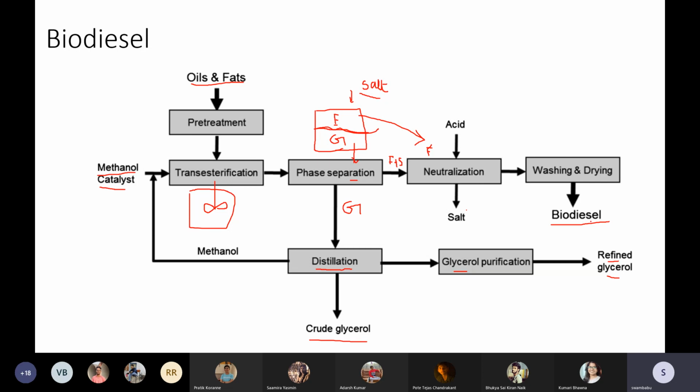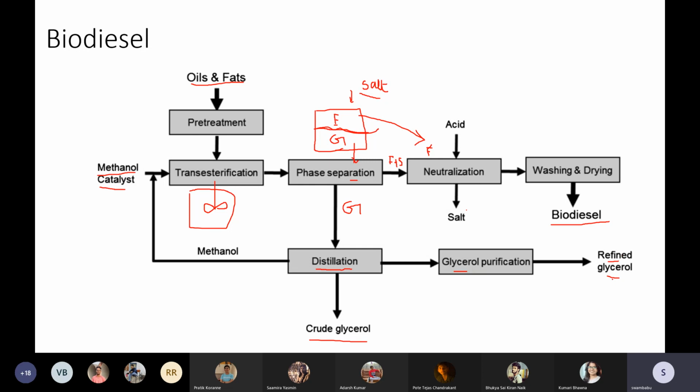Then you will get biodiesel. And this is a simple batch distillation process for glycerol purification, to remove any unwanted water, and then you get the refined glycerol.